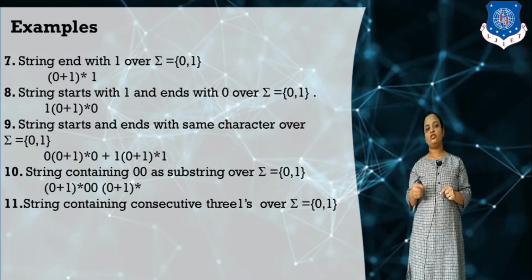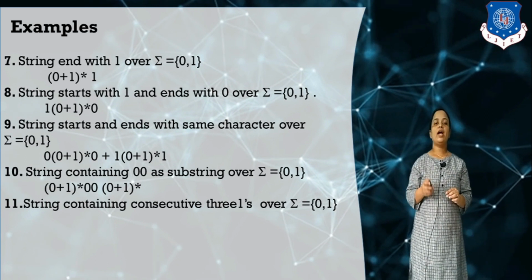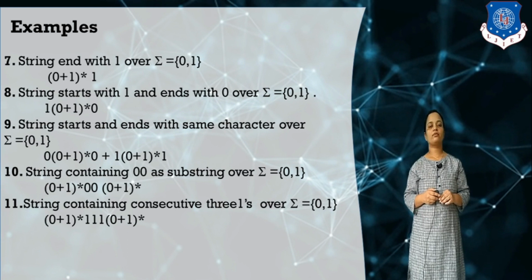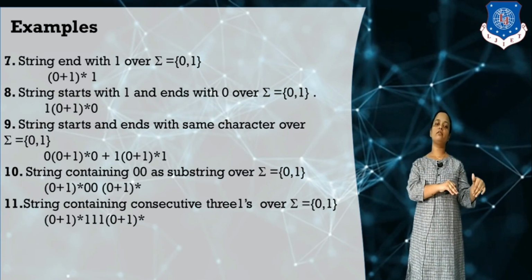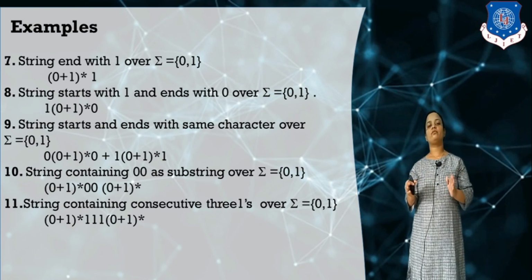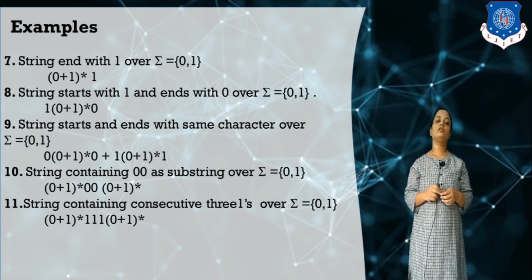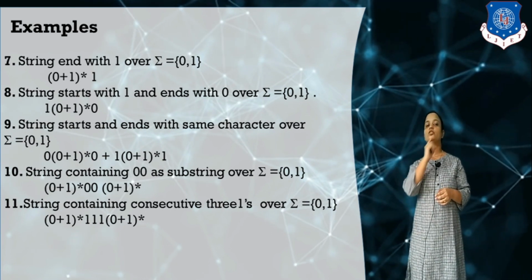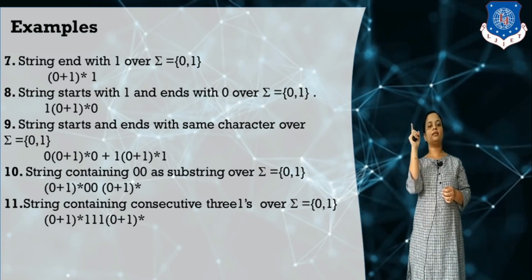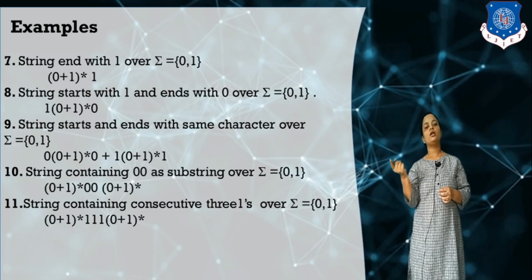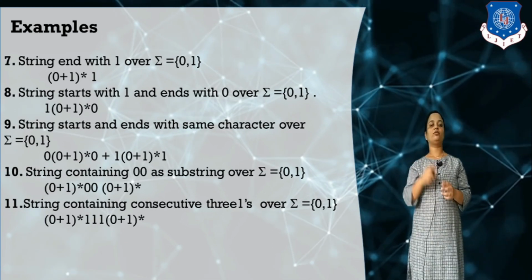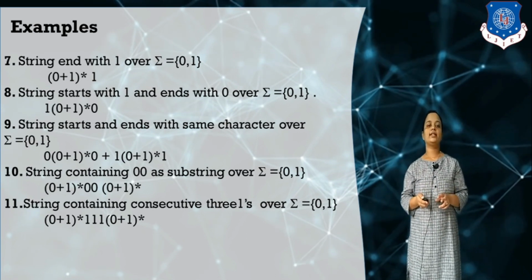So 3 ones should appear, so we write 1 1 1, and before this (0 plus 1) star, and after this (0 plus 1) star, any combination of 0s and 1s. Suppose I want to generate triple 1 0. Then in the first star put nothing and in the last star put the 0. For 0 triple 1, is it allowed? Yes. In the first star put the 0 and in the last star put nothing. I hope it is clear to you.